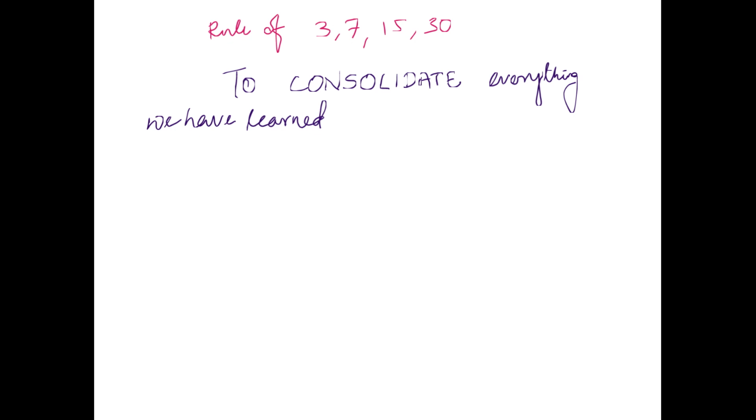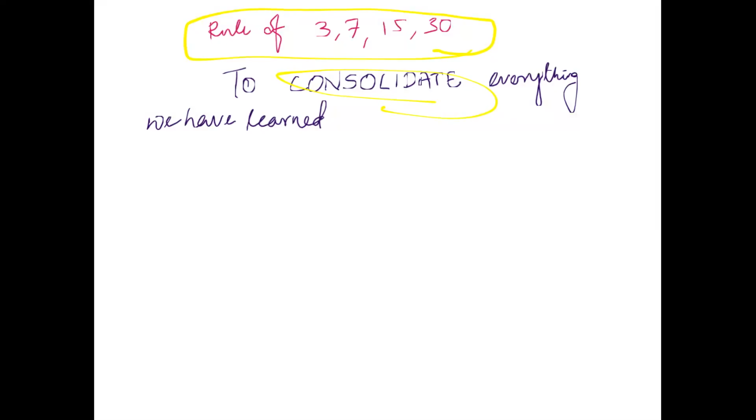So this is another rule, that is the rule of 3, 7, 15 and 30. In the previous method we just retained the things, but we need to consolidate everything, right?